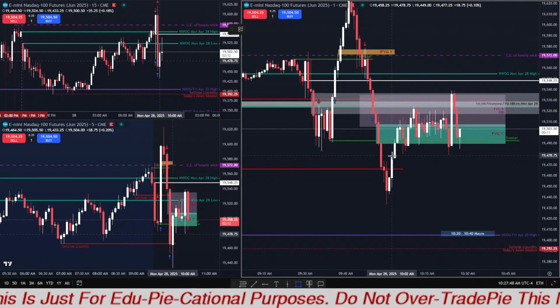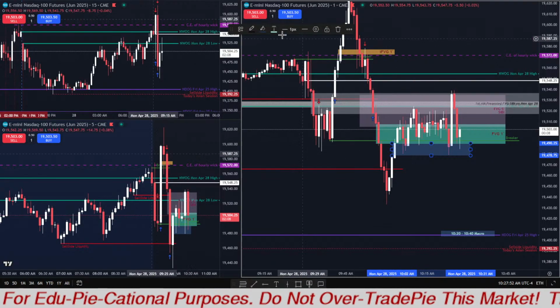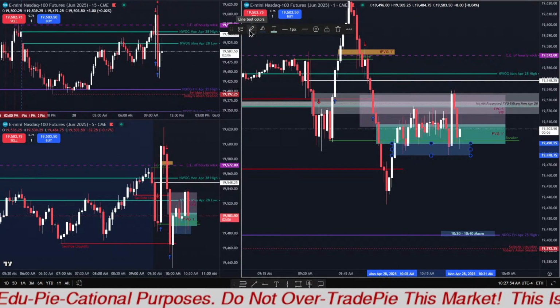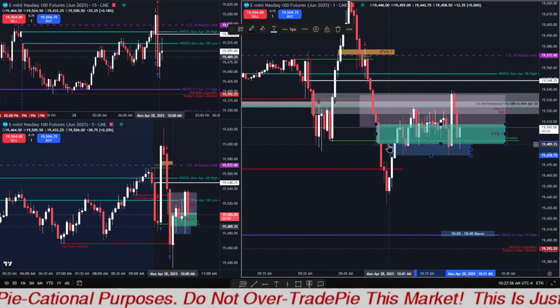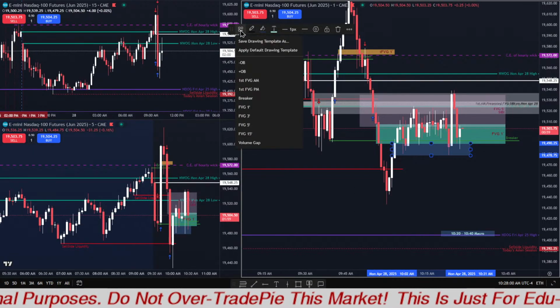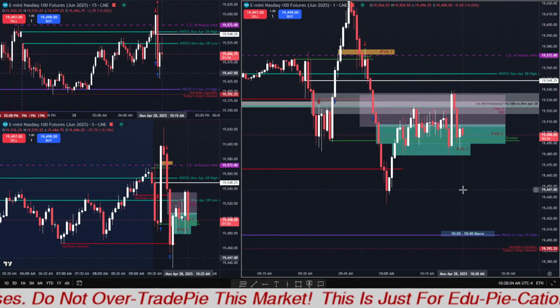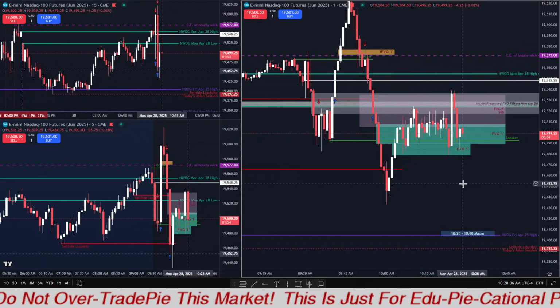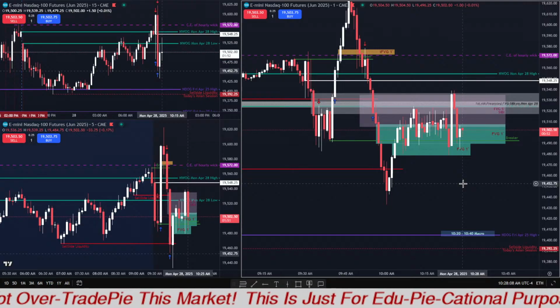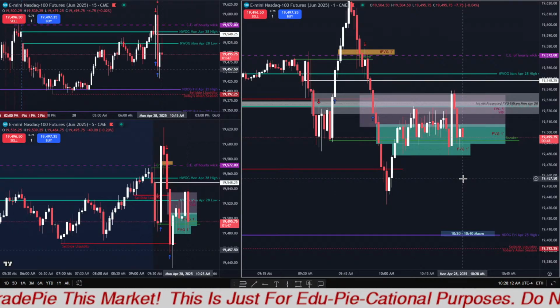Now I'm saying that this fair value gap is acting quite good, or, I don't know, maybe this is part of my studying and learning the market.